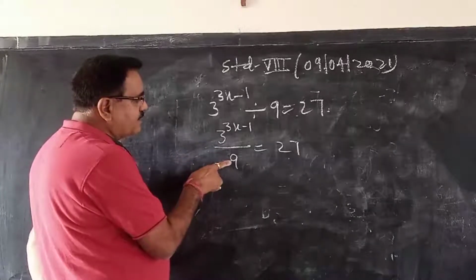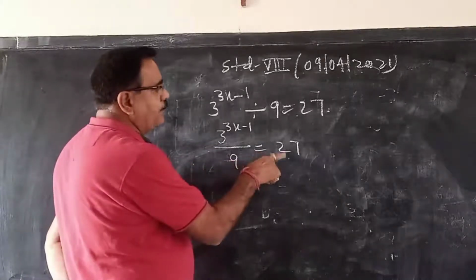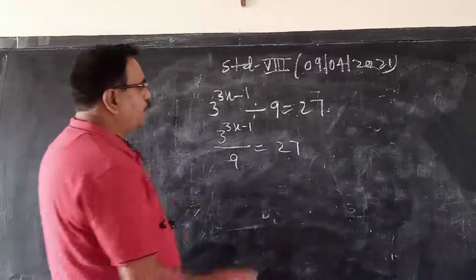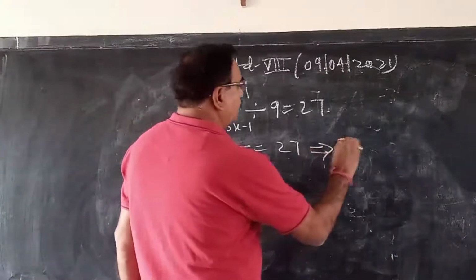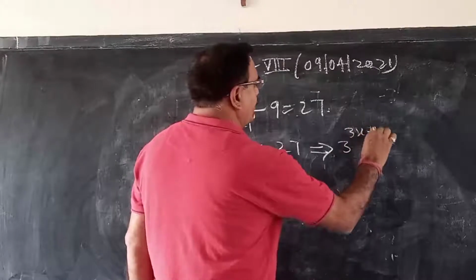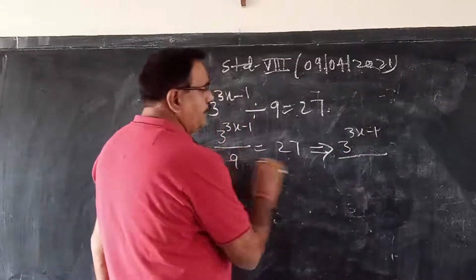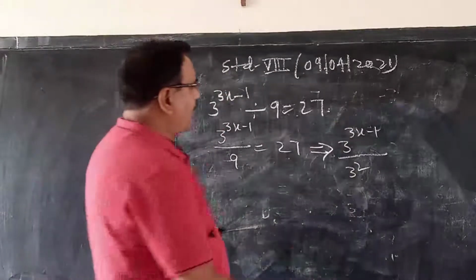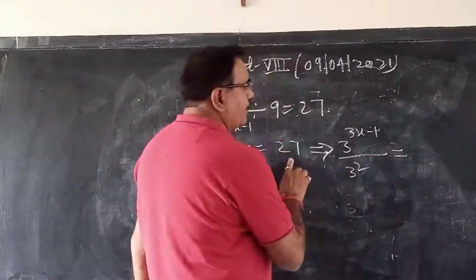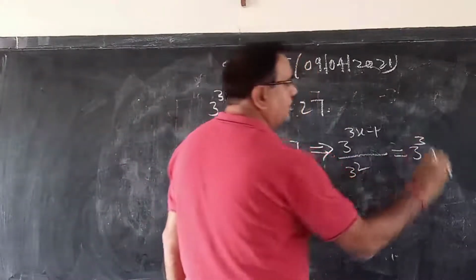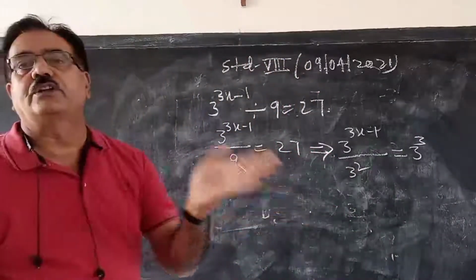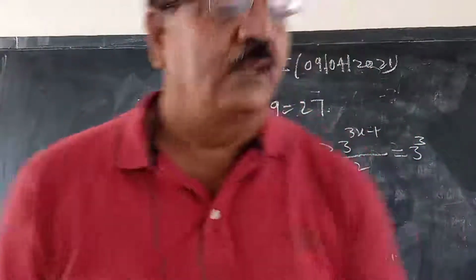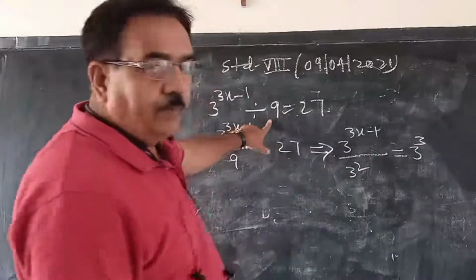We will make 9 and 27 have the same base 3. 9 we can write as 3 square, because 3 square is 9. And on this side 27 we can write as 3 cube. 3 into 3 into 3 means 27.